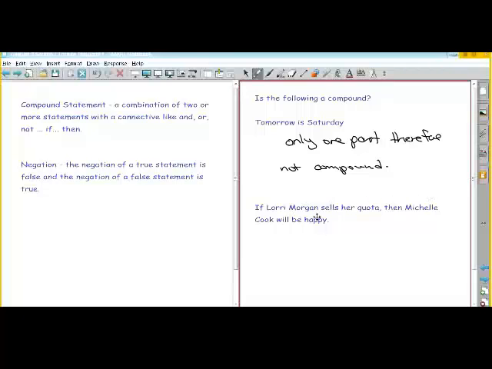Whereas the second one, if Lori Morgan sells her quota, then Michelle Cook will be happy. So we have one statement here, we have a second statement there. It's connected by this if-then arrangement. So because there's more than one part, and because we have if and then, this is a compound statement.